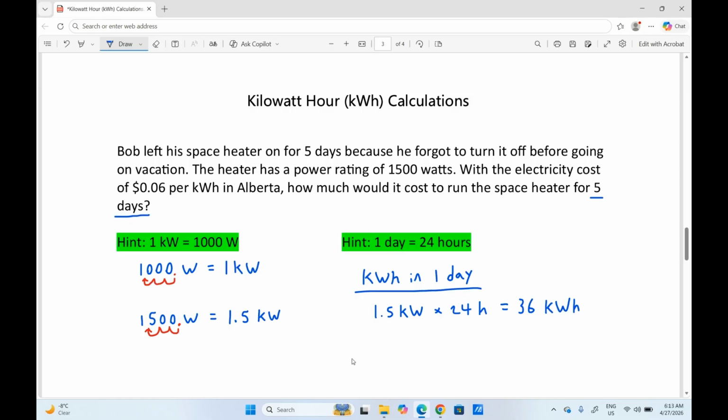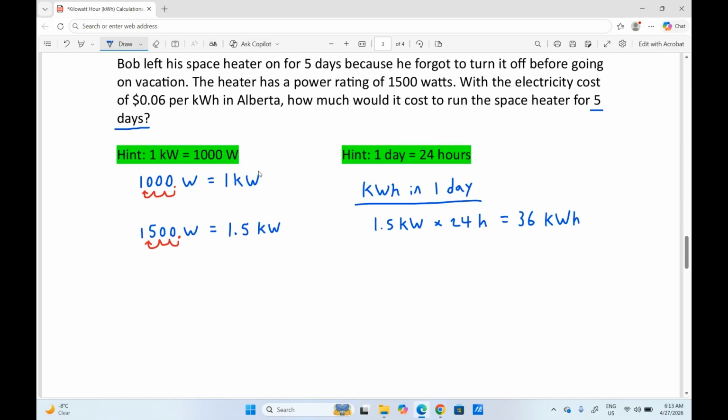So scrolling down a little bit, for kilowatt hours in 5 days, I'm just going to take my 36 kilowatt hours and multiply it by 5 for 5 days.